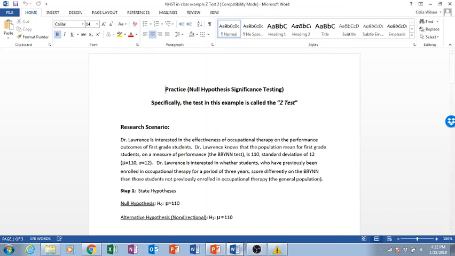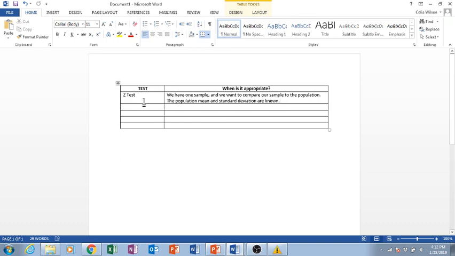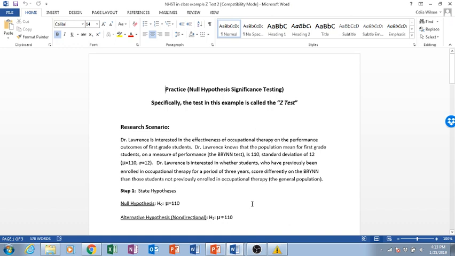So again, if we think about our chart, this is a z-test. A z-test is appropriate here because we have one sample and we want to compare our sample to the population, and the population mean and standard deviation are known. So if I look back here, this qualifies.